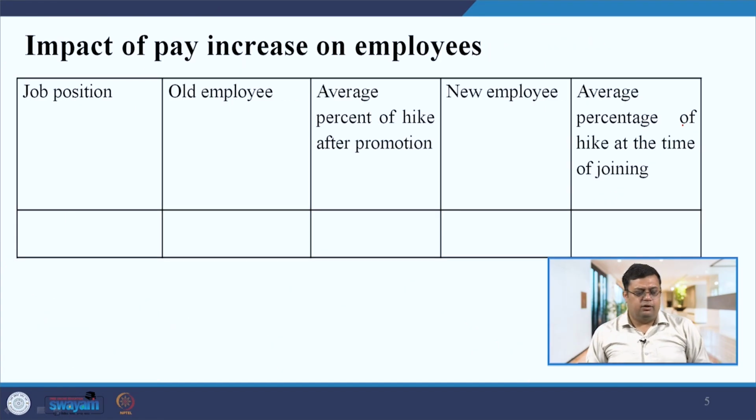The next thing that we need to understand very well is a phenomenon that you might have seen in all organizations: existing employees get dissatisfied because they complain that new employees are coming in and getting a bigger hike at the time of joining compared to the old employees. Then what is the use of staying in this organization? We should move to another organization.